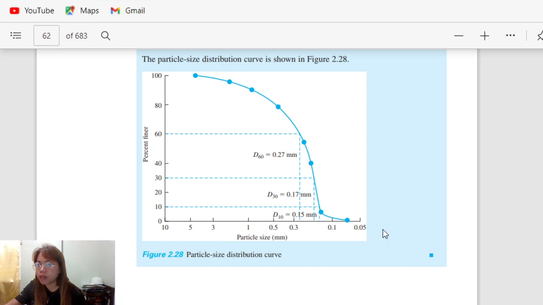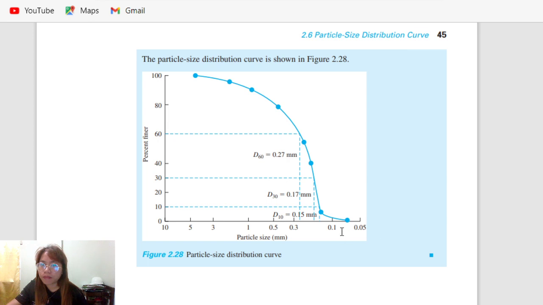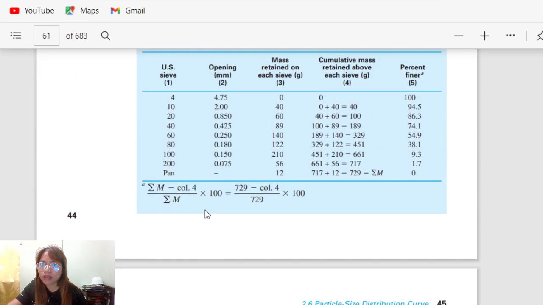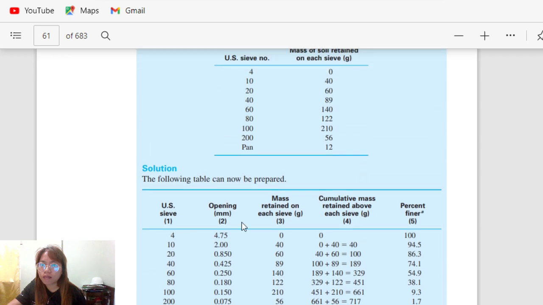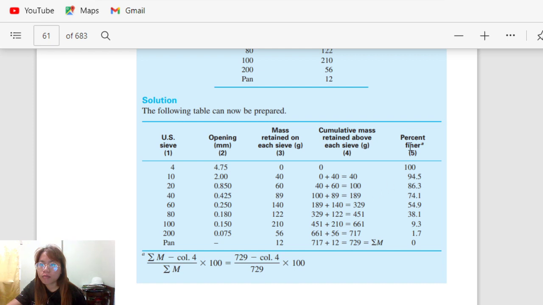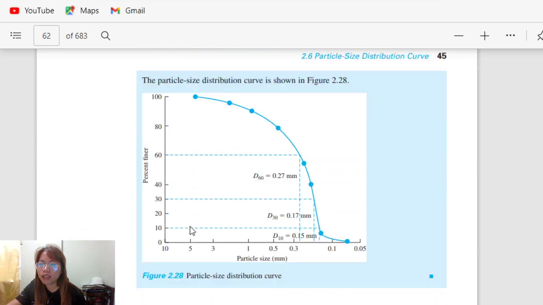But for uniformity, we will adopt the lower to higher curve, not this one. But for the sake of example, to draw the curve, this one, with percent finer on the y-axis and the opening on the x-axis in logarithmic scale.